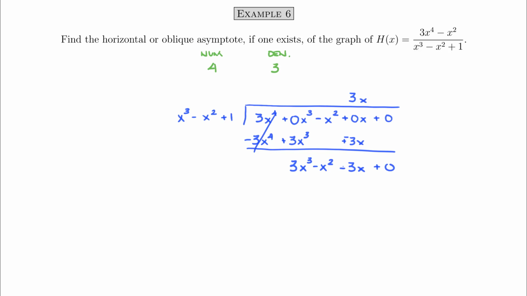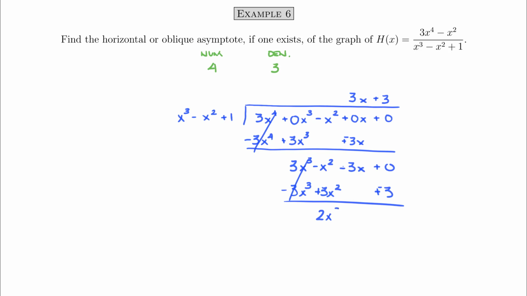And then we do the division again. X cubed into 3x cubed is positive 3. Multiply the divisor by positive 3. And again, we're subtracting, so change the signs. These cancel.